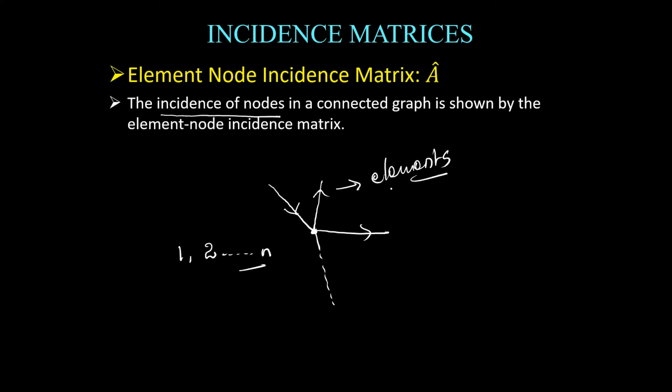How many elements are connected to a particular node will form this element node incidence matrix. We will check each node and look for how many elements are incident to this node. The connected elements, those transmission lines, will have some value. Let us see what that value is and how to give the values for the connected elements.